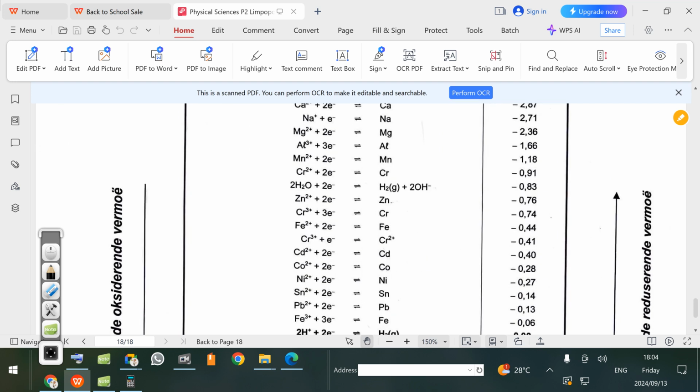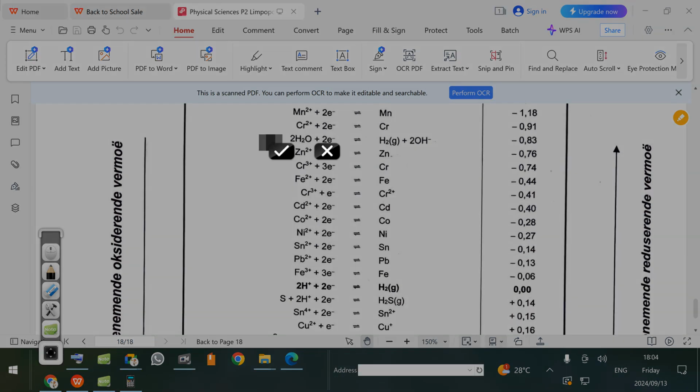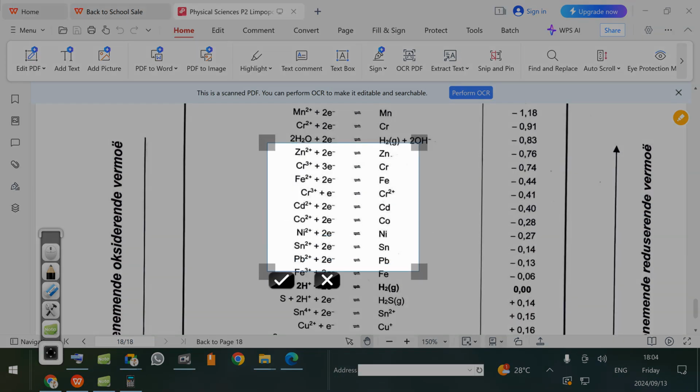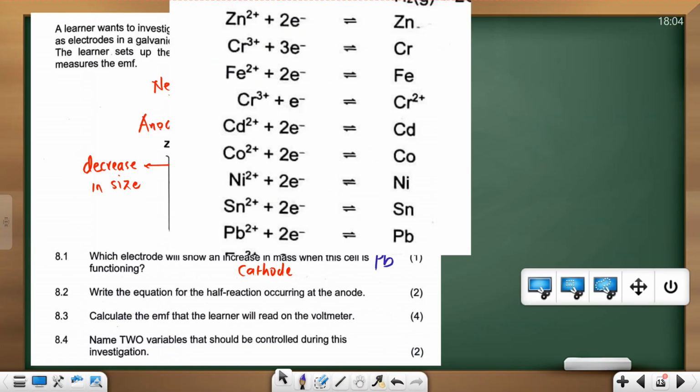It's the reverse, right? Yes. Where is it? Zinc and lead. You know what I do with my page? I'll do this. Zinc and lead. All right, so this is what I have.